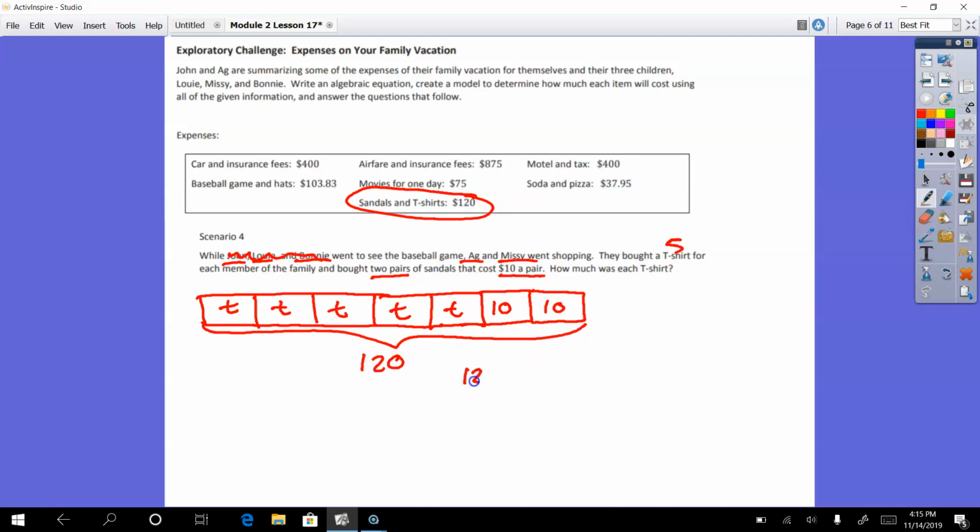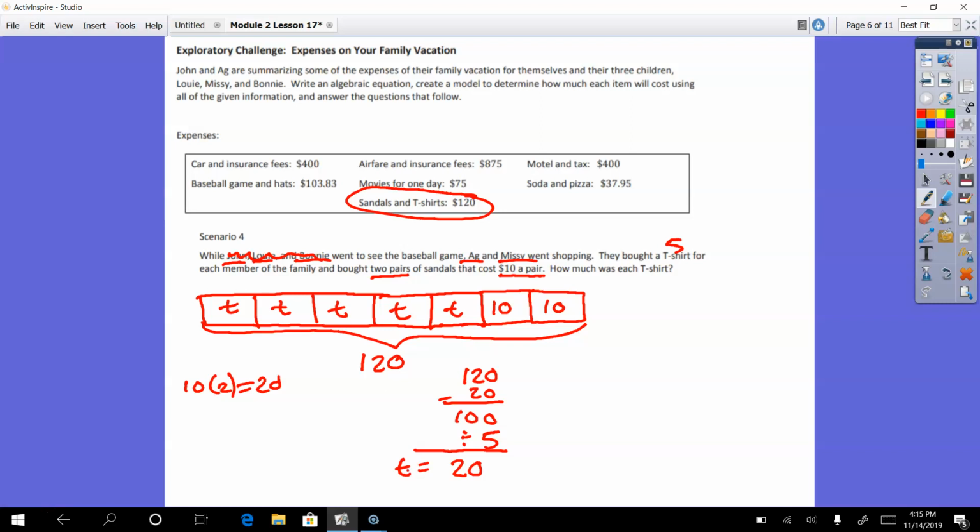Okay, so we have $120. We know that they spent 10 times 2, which is $20. So subtract, and that leaves us with 100. And so then each of the t-shirts, there were 5 of them, so we're going to divide by 5, so each t-shirt costs $20.